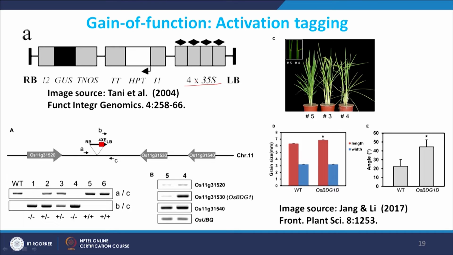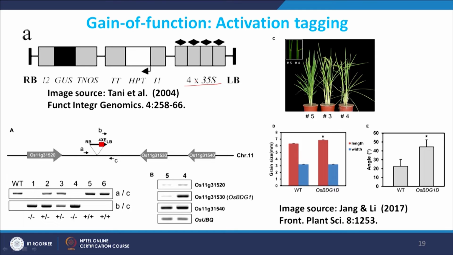But what happens if it comes in proximity to some basal promoter, or some promoter which is normally expressed at a very low level, or normally is not expressed? Now the promoter has got enhancer elements in close proximity, so the promoter will start strong expression, and in that case you will see a phenotype which could be because of the gain of function.